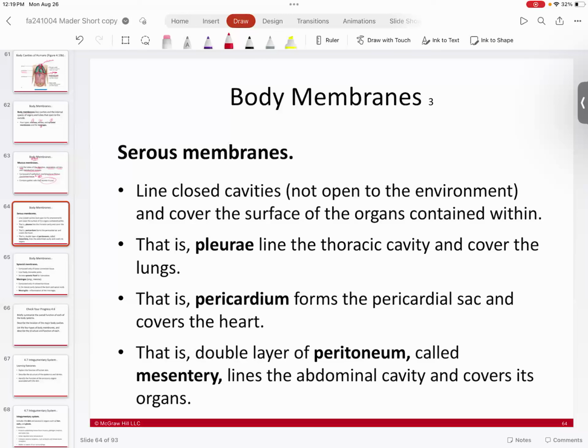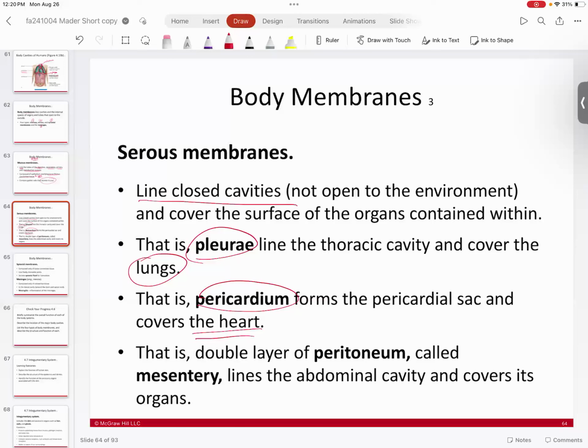Serous membranes are a little bit different, because serous membranes will basically line cavities that typically aren't open to the environment. And you have a couple of different types of this, right? For instance, you have different names. The pleural liners are essentially going to be lining the pleural cavities, that is the lung cavities. The pericardium lines the pericardial cavity, right? It forms a pericardial sac and it covers the heart, which is embedded inside that pericardial cavity.